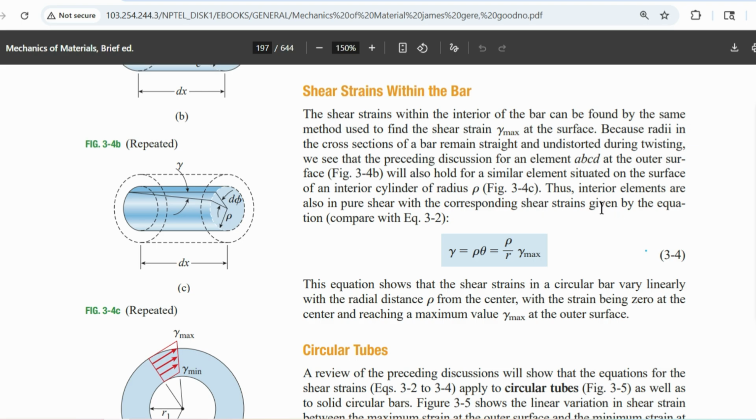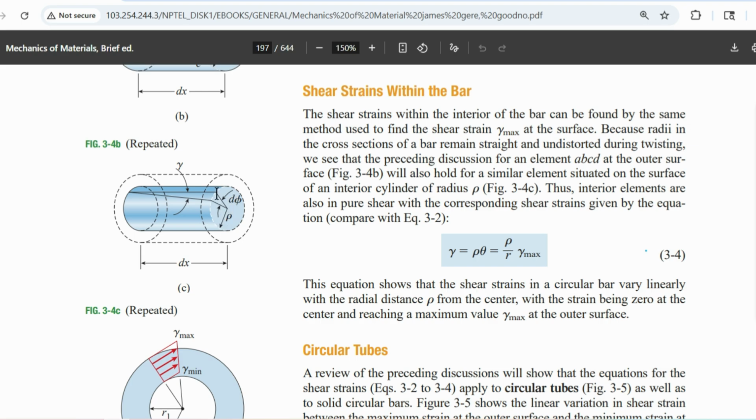All right. So thus, interior elements are also in pure shear because we can draw that little square with the corresponding shear strains given by the equation. And you could do that same thing. You could say that this is dx and this is gamma. So radians, gamma, times radius is this arc length, which is equal to radius times radians.